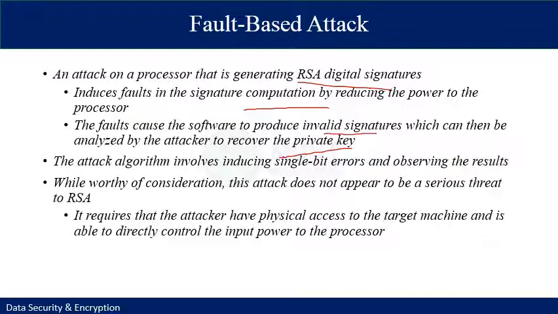The attack on the algorithm involves inducing single bit errors and observing the result. The authors of this attack show an analysis demonstrated by extracting a 1 kilobit private RSA key in approximately 100 hours using a commercially available microprocessor. So this is a worthy attack of consideration.